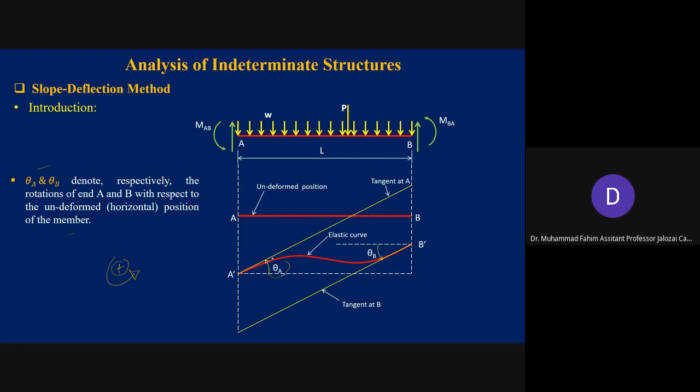So you draw a tangent here at A, and the angle between the tangent and this undeflected shape is your theta A. Similarly, a tangent at B. The angle between the undeformed horizontal position and this tangent is our theta B, right?